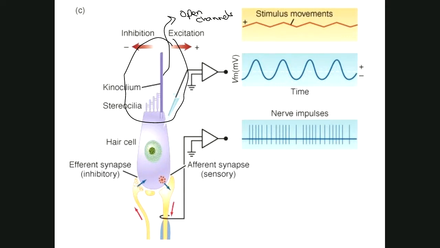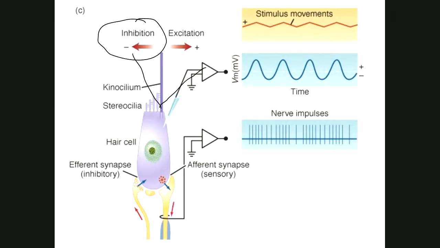But look, you can bend this hair two different ways. I can bend it this way, or I can bend it this way. Well, when you bend it one way, one type of channel opens. When you bend it the other way, another type of channel opens. So if we bend it this way, we get inhibition.